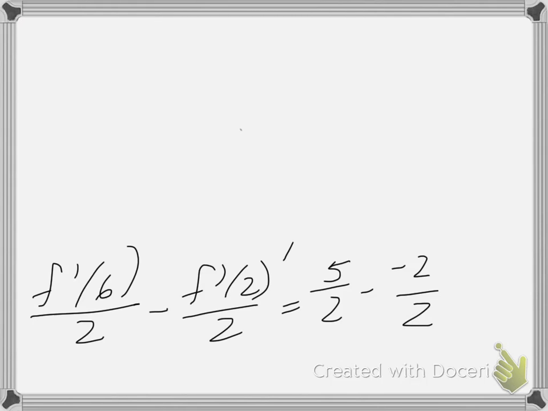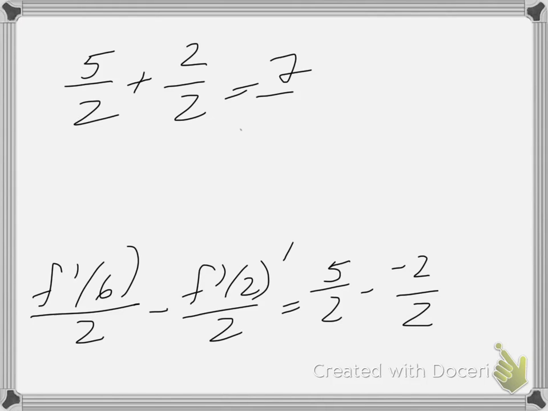Okay, so we're going to get 5 over 2, a negative and negative is a positive, plus 2 over 2 equals 7 over 2. That was the answer, and we're done.